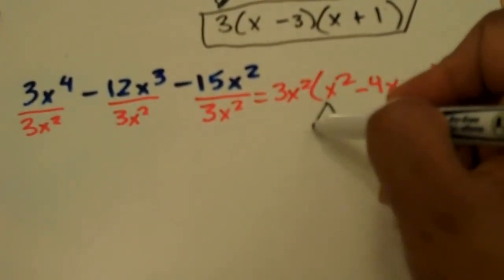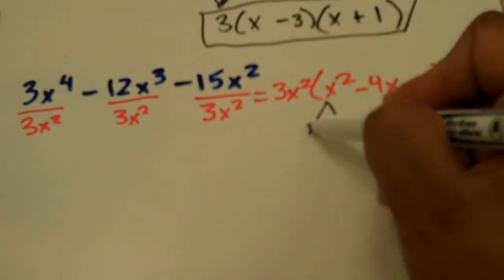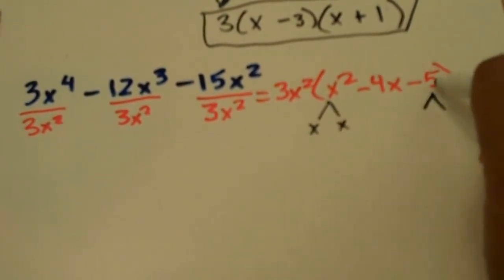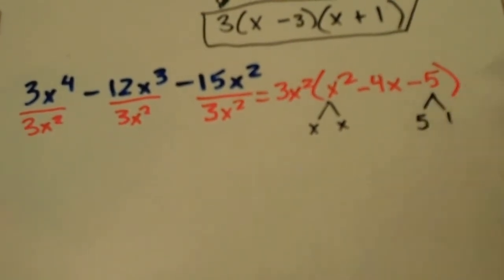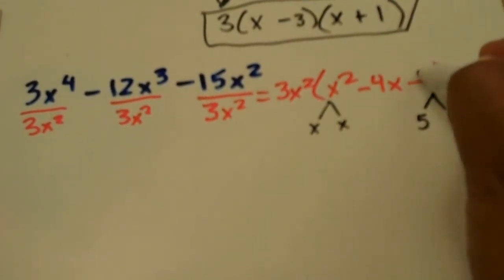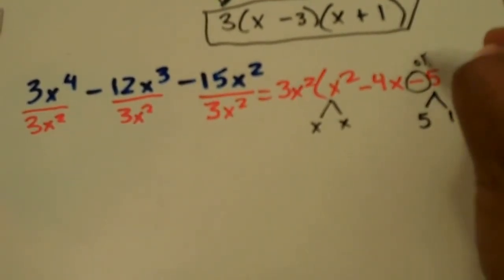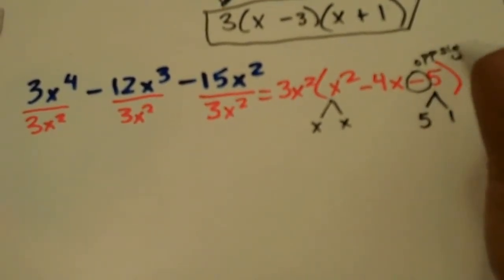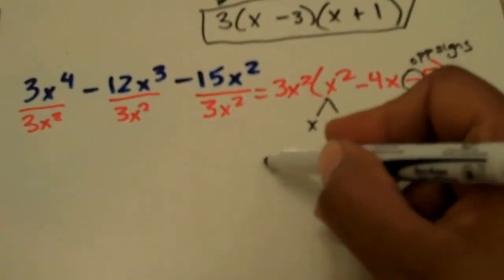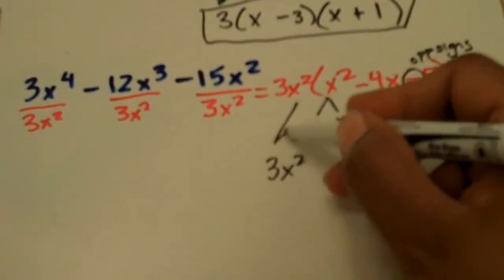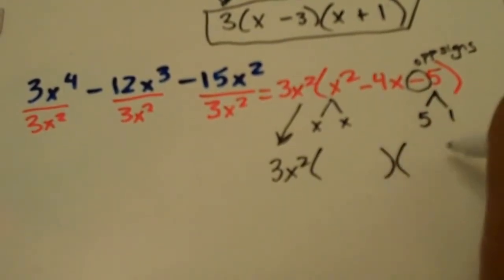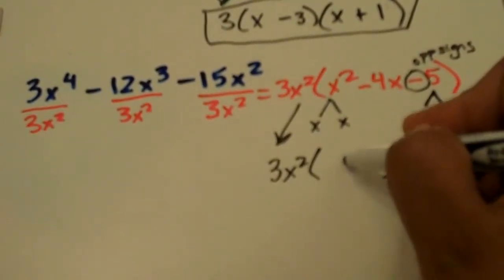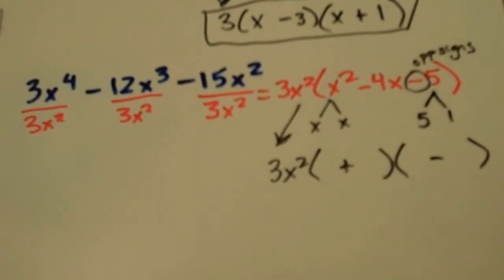So x squared, the only thing we can multiply to get x squared would be x times x. For 5, we have another prime. The only thing we can multiply is 5 times 1. If we look at the sign, we see that it's negative. That means opposite signs. So we know that when we factor this, we're going to have a plus and a minus.